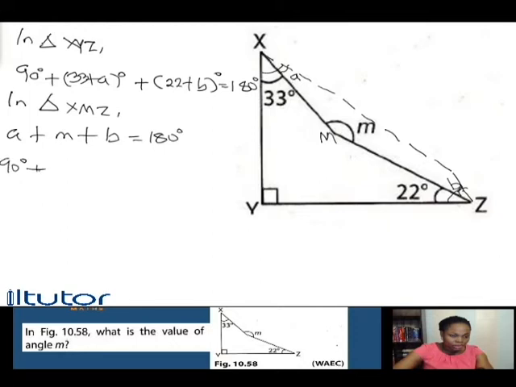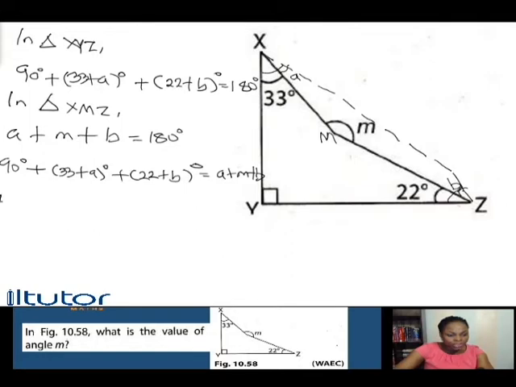So we have that 90 degrees plus 33 plus A degrees plus 22 plus B degrees is equal to A plus M plus B. Okay, so we have that. Let's open up the brackets.